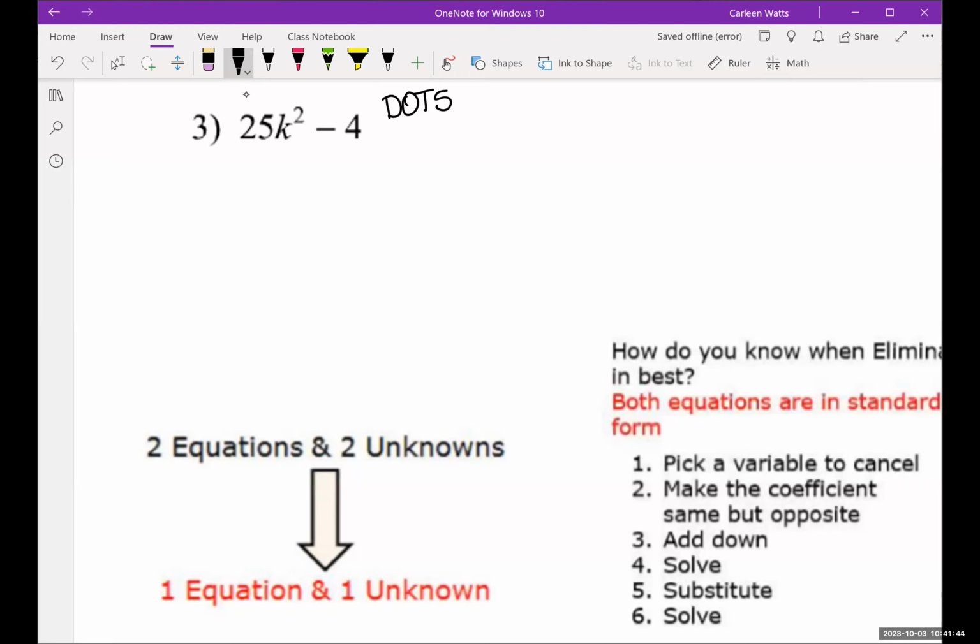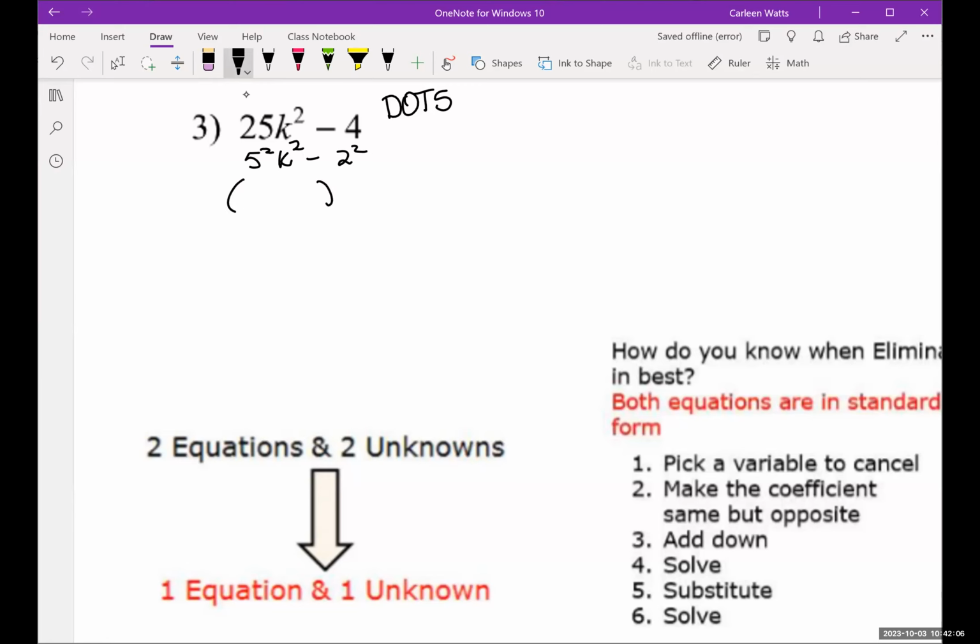Okay, in your Canvas quizzes, you're going to have to identify what type of factoring problem this is. So this is 5 squared k squared minus 2 squared. I'll be honest, Photomath does it pretty much like I do, but you need to understand where it's coming from.